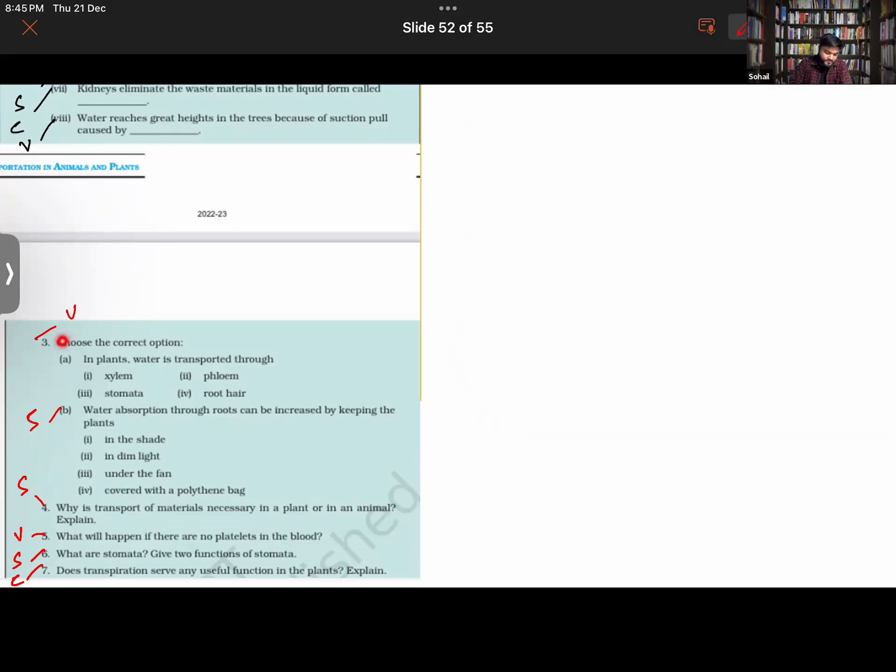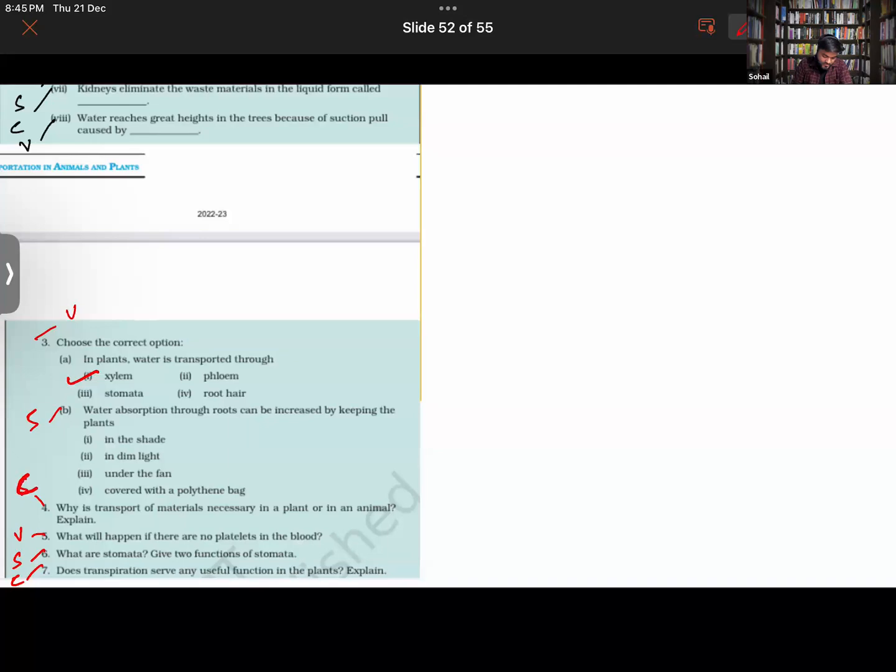Question number 3. Oh, okay, sir. Xylem. Exactly. Next, Sundus. Sir, it's under the fan. Under the fan, right? Because when the plant is kept under the fan, the rate of evaporation will increase. Okay.